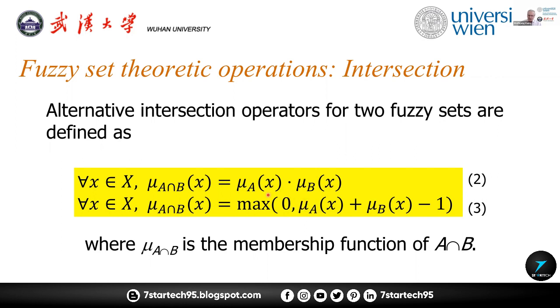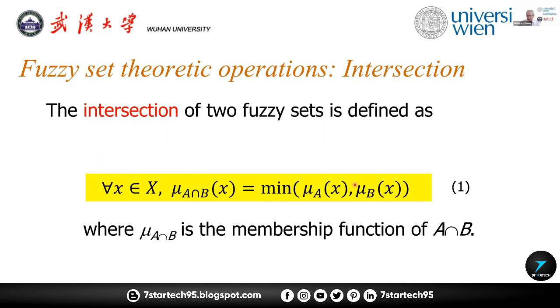And with the multiplication operator, since all the values are between 0 and 1, if we multiply two numbers that are between 0 and 1, the value is always between 0 and 1. So 1 times 1 is 1, 1 times 0 is 0, 0 times 0 is also 0, and let's say 0.5 times 0.5 is 0.25. So it's always between 0 and 1. And of course, with the minimum operator, it's the same case.